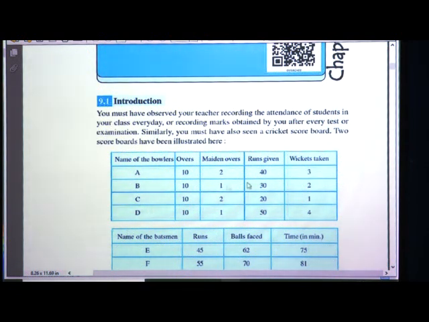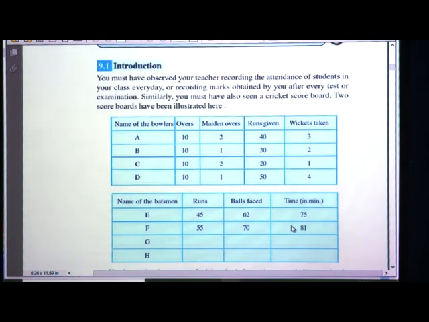So here we can observe in a table all about a bowler. About different bowlers it is given in this table, which tells everything about the particular bowler. So 10 overs, maiden overs, then runs are given, how many wickets he has taken, we can know these things.